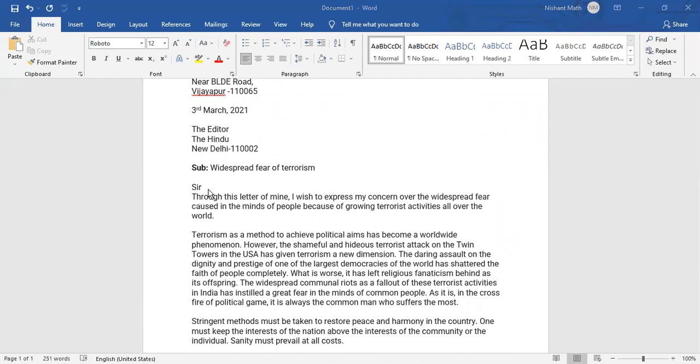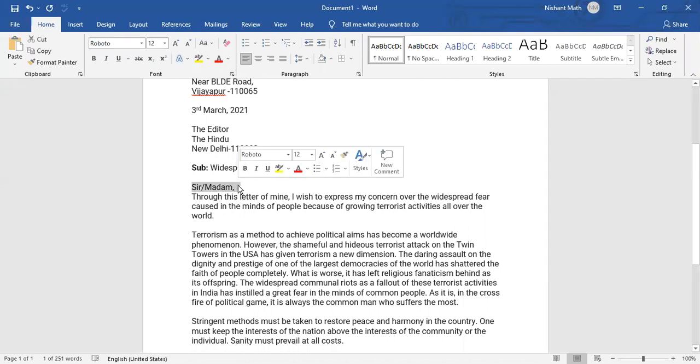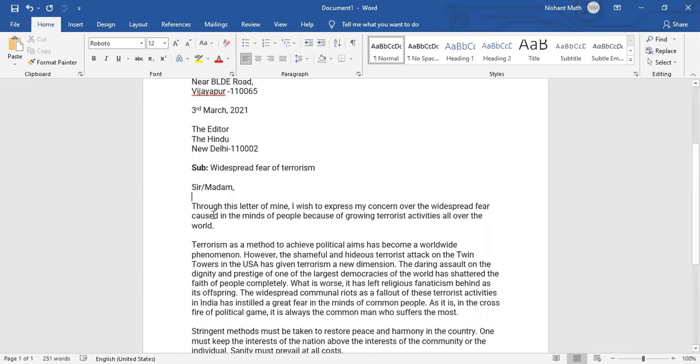Now, the content part of the letter. Whenever we start writing the letter, write "Sir," comma, or "Sir or Madam," because we may not know the editor of The Hindu. This is the best thing to follow instead of depending on "Dear" or "Respected." And after the salutation, leave a line.